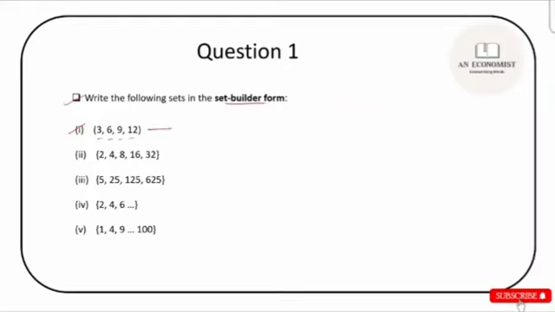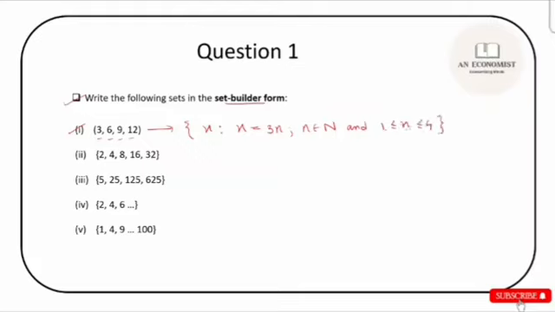So what you can write is something like this. Include all the x elements such that x is in the form 3n, where n belongs to the set of natural numbers, and 1 less than equals to n less than equals to 4.